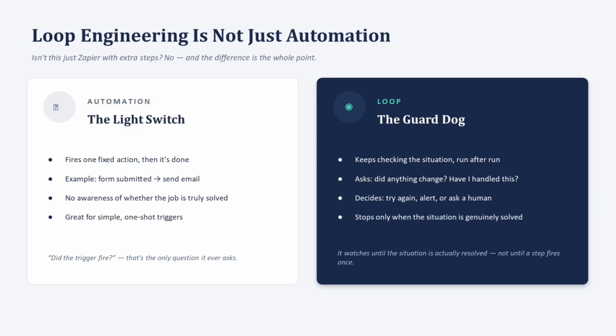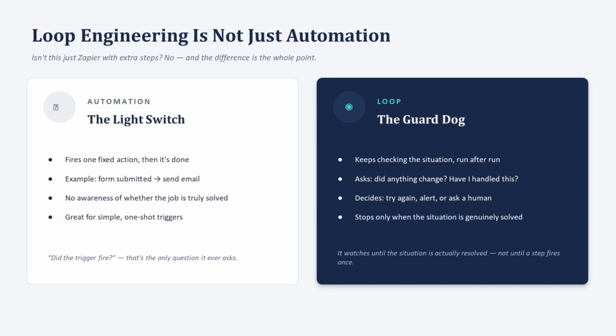Example: form submitted, send email. If you fill up the form and click the submit button, then it will send the email, and only that one task is done, no other action.